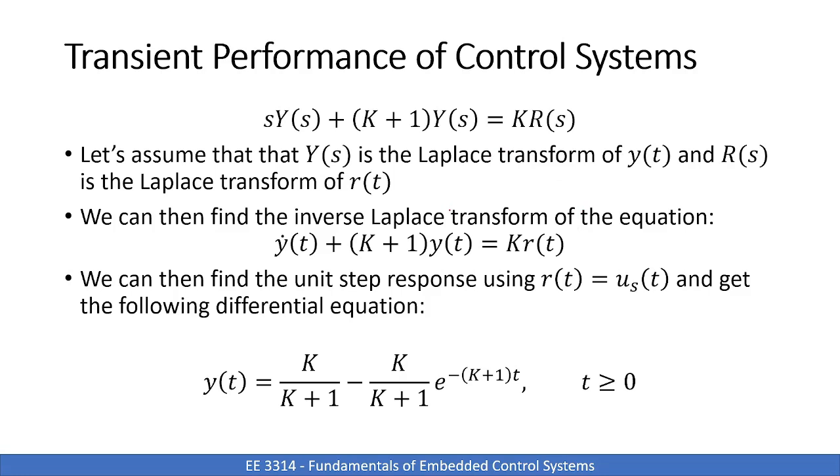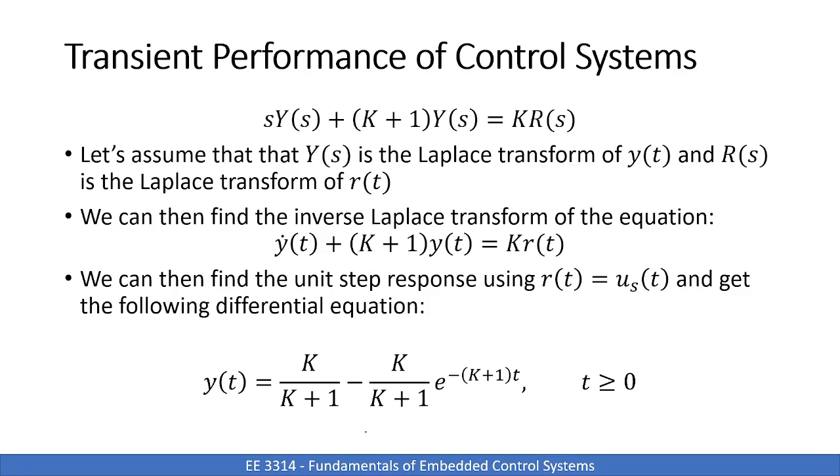So if we find the inverse Laplace transform, and we assume that r of t is going to be a unit step, so this is making a command that goes from 0 to 1, which is what we're interested in for looking at this response. So if we use r of t equals u of t, then we can actually take the inverse Laplace, and we basically get the solution to the differential equation that looks like this.